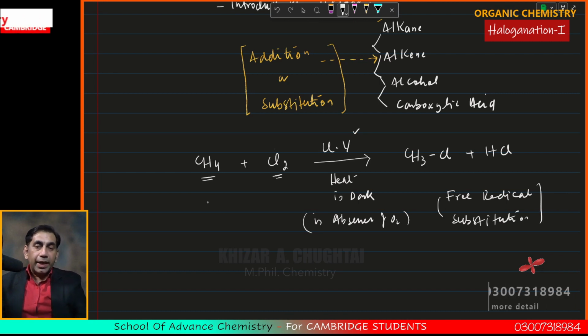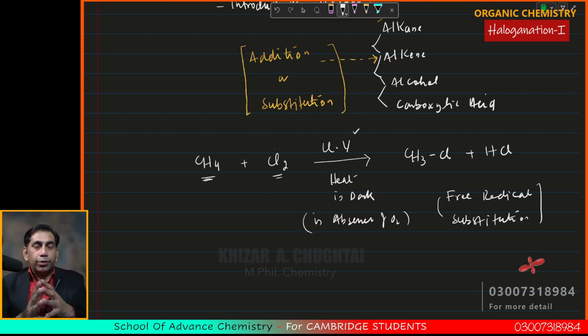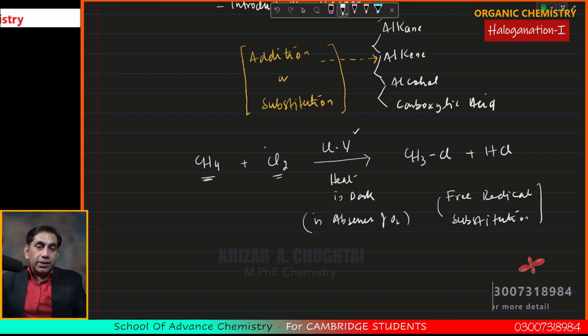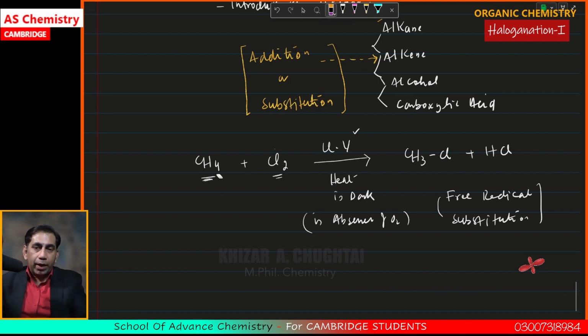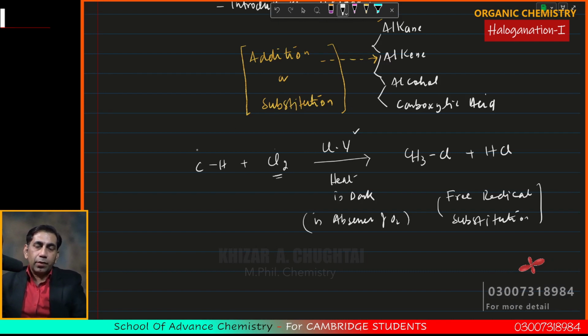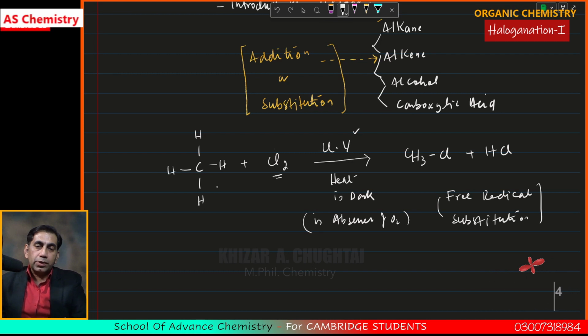So any alkane, you can introduce halogen to any alkane. The reason is basically, we are not having carbon-carbon double bond, so we are going to make substitution. We can replace hydrogen by halogen. For example, in this case, this CH4, this hydrogen, or even all hydrogens can be replaced by halogen.